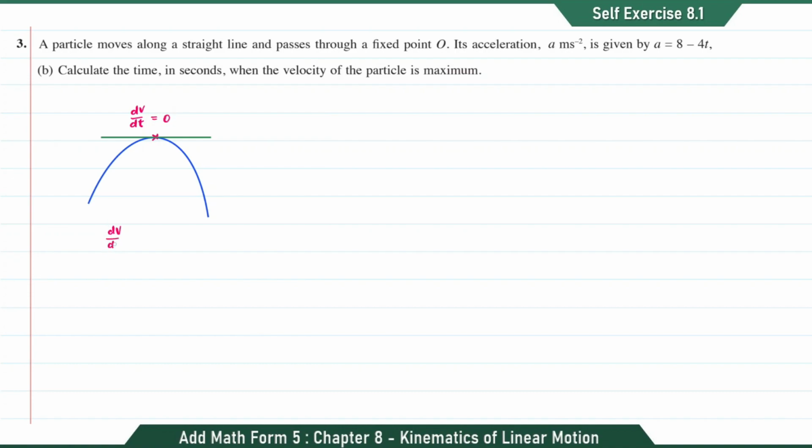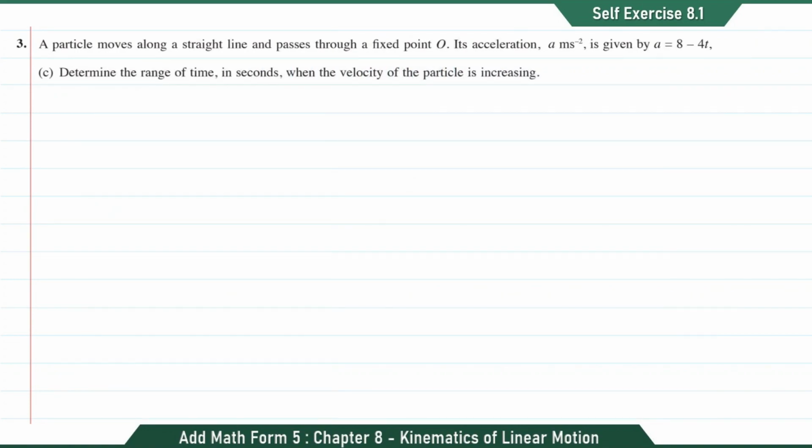As dv/dt is equal to the acceleration, then when the velocity is maximum, a is also equal to 0. So to find the time, it will be 8 minus 4t equals 0. Then 4t is equal to 8. Then t is equal to 8 divided by 4, which is equal to 2.